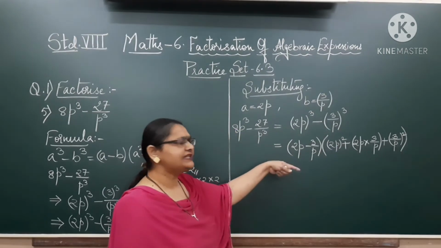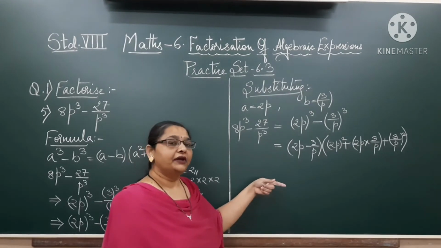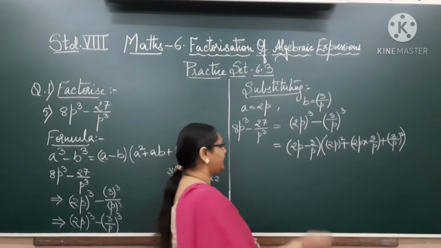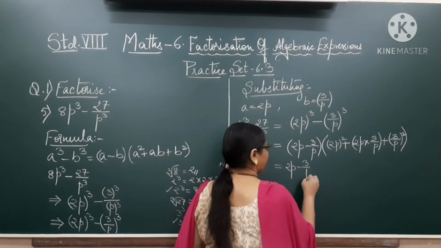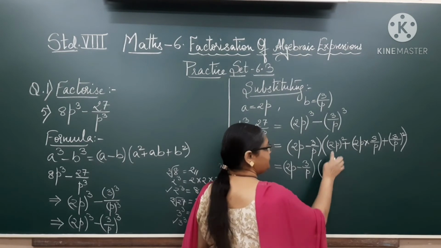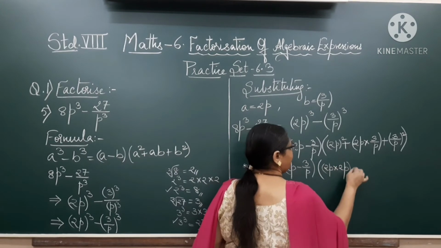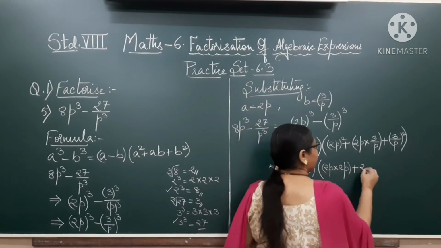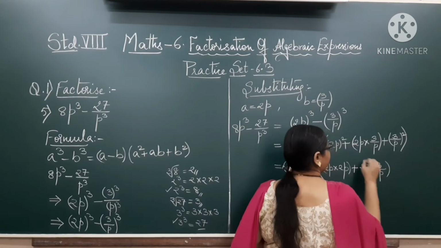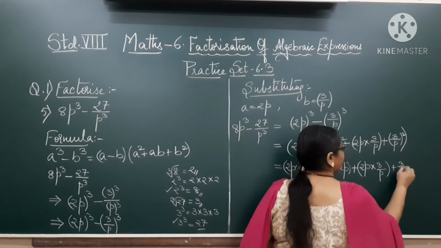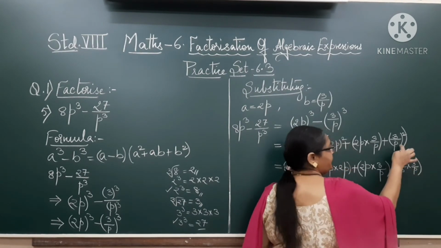So let me just expand it so that I can write it clearly and properly. So that is equal to 2p minus 3 upon p into 2p into 2p is 4p square, plus 2p into 3 upon p, plus 3 upon p into 3 upon p, because it is 3 upon p the whole square.